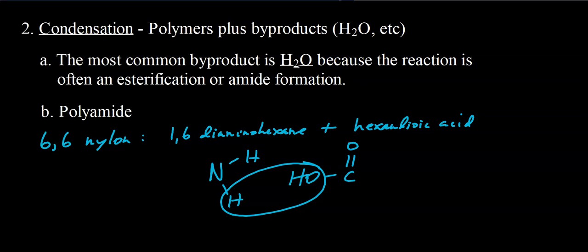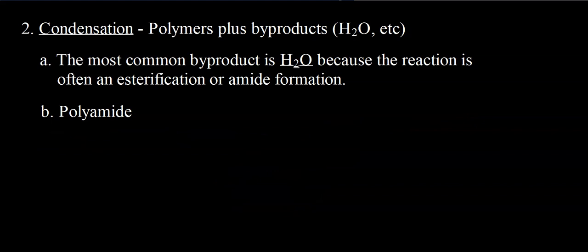Another example of a condensation polymer similar to nylon is Kevlar. So let me clear this out so we can write that. Kevlar, which is used in bulletproof vests, involves combining monomers similar to nylon, except instead of having hexane chains, we have benzene rings.